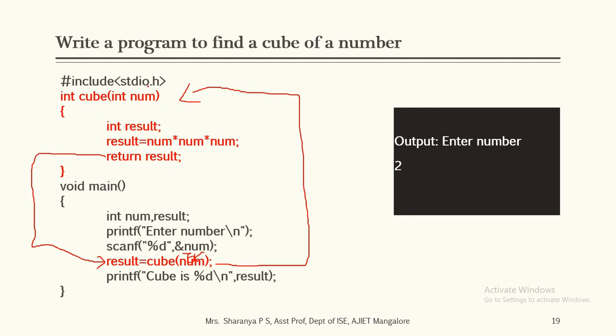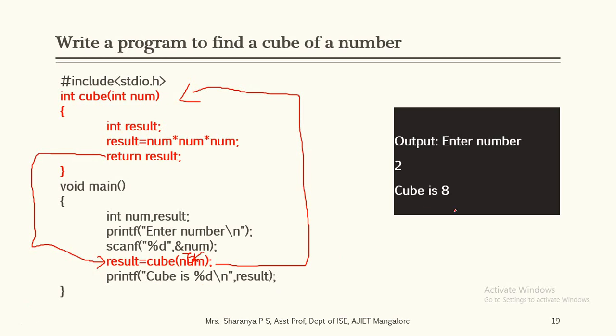So int cube(int num), this is the way the function header will be written, and then num value is nothing but 2 into 2 into 2. The result will be stored as 8 here, and the result will be returned to the main. So result will contain the value 8 now, and finally it is going to display the result.